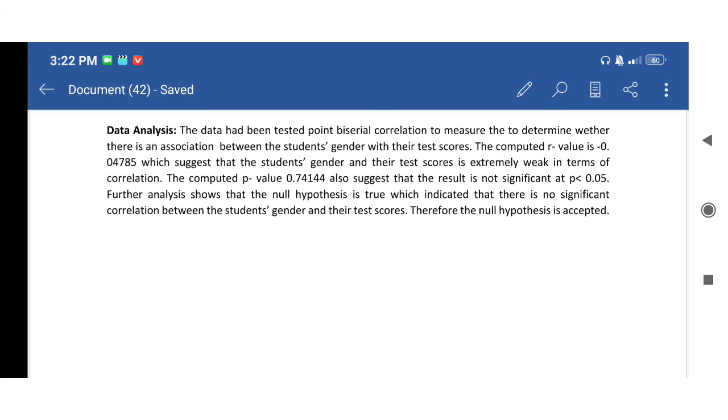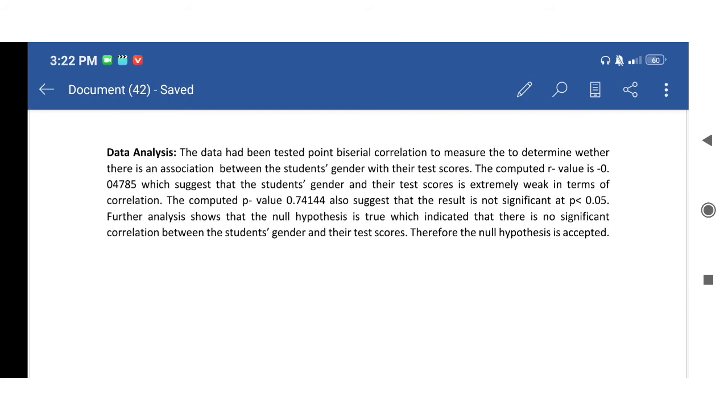Data analysis: the data had been tested with point biserial correlation to measure and determine whether there is an association between the student's gender and their test scores. The computed R value is negative 0.04785, which suggests that the student's gender and their test scores are extremely weak in terms of correlation.